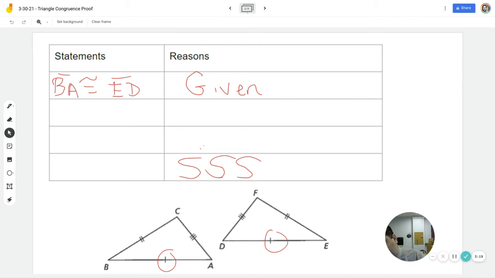Now I'm going to look at 2 to 2, right? So I have BC is congruent to EF. And that's also given.